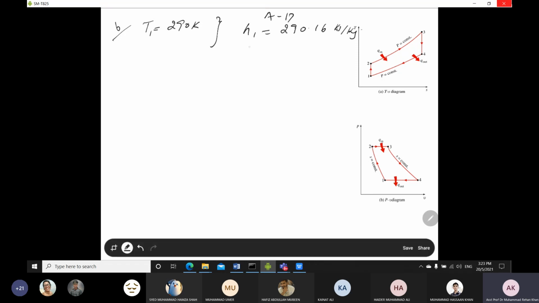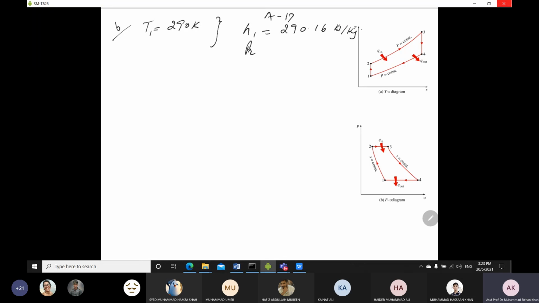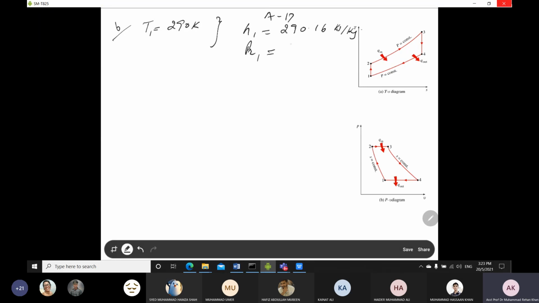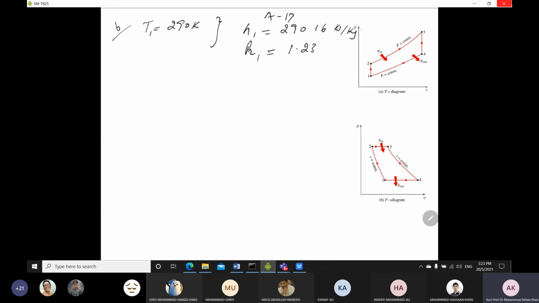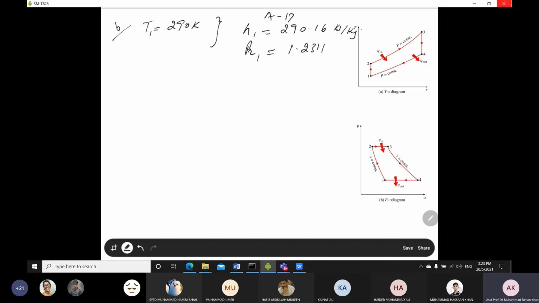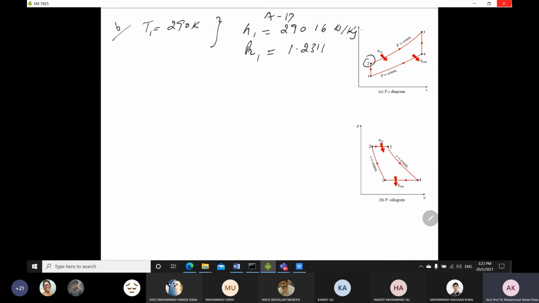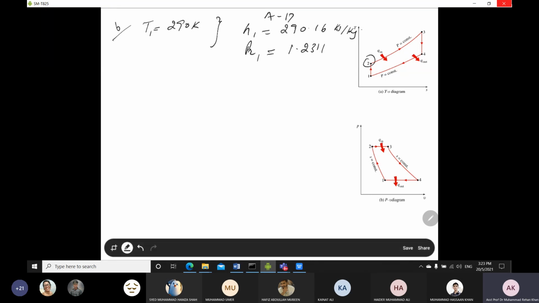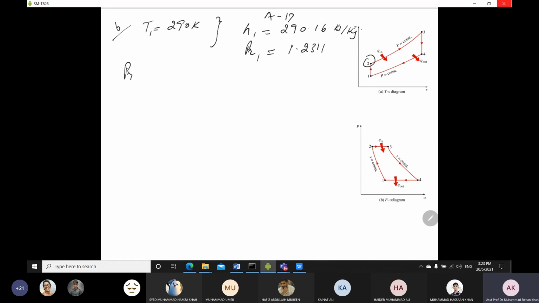For point number 1, you similarly have to use the relative pressure, which is equal to 1.2311, a dimensionless quantity. And you need another parameter at point number 2 so that you can find the H2 value also. So PR2 over PR1 is equal to P2 over P1.